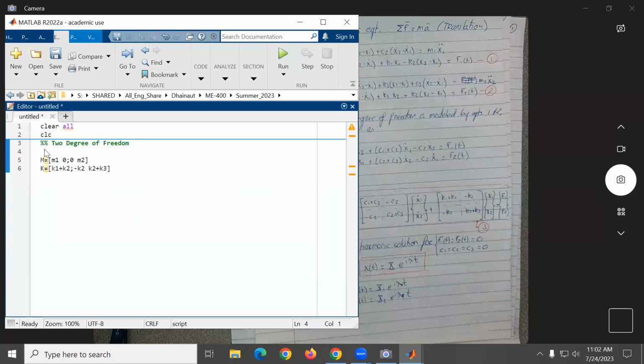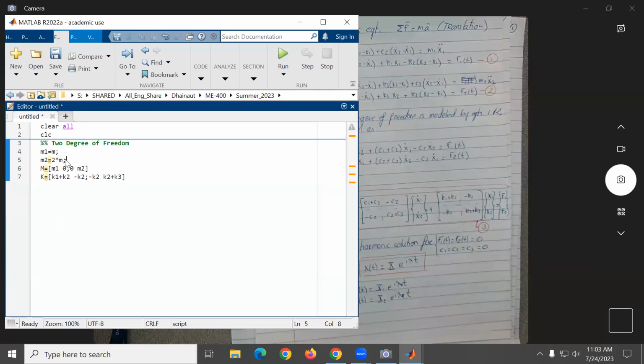So for our problem, what do we say? M1 equal to M, M2 equals to M.